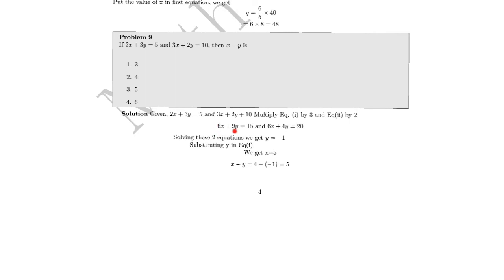We get 6x plus 9y is equal to 15 after multiplying by 3 in this equation, and we get 6x plus 4y is equal to 20 after multiplying by 2 in this equation. Subtracting both the equations we get y is equal to minus 1, and putting y in this equation we get x is equal to 5. After we get x and y, we can find x minus y very easily. 4 minus minus 1, that is 5 is the correct answer.